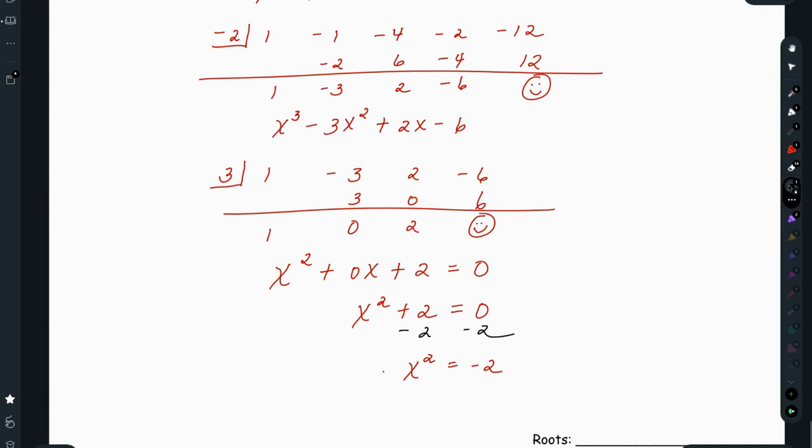Take the square root of both sides. I get x equals plus or minus i root 2. Final answer here, I knew my roots were 2, -2, and 3. I proved that using synthetic division. And the other 2 roots were plus or minus i root 2.